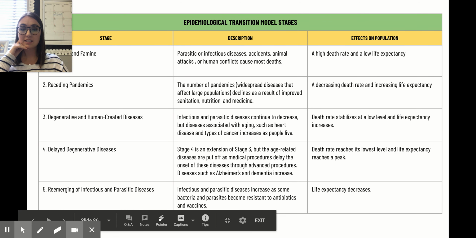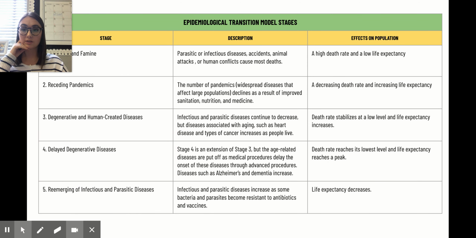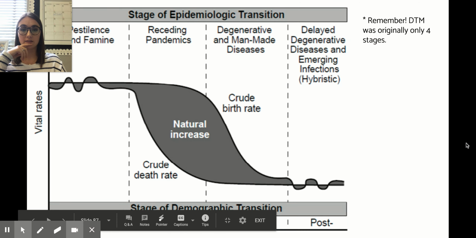So the biggest thing that you need to get from the epidemiological transition model is simply that it corresponds with the demographic transition model, and that each one of these stages characterizes the death rate of a country depending on how developed that country is, on how developed their medical technology is, and things like that. I think that's it. Oh, no, one more little picture.